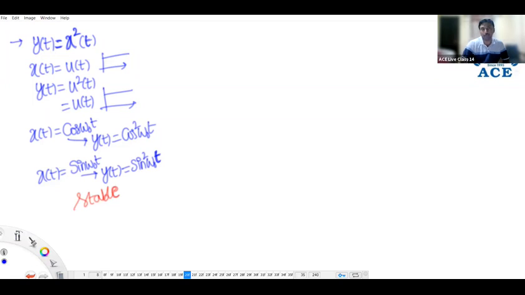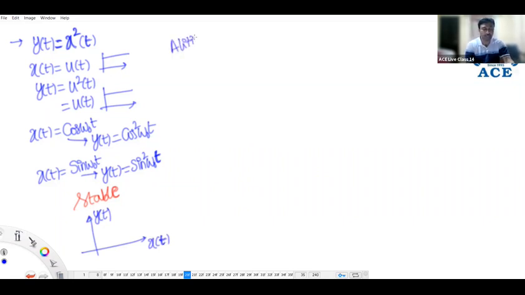Input amplitude finite, output amplitude also finite, stable. Don't think about y equals x squared growing with time. Stability means output amplitude versus input amplitude. It is not time. Even at infinite time, if output amplitude is finite, system is stable, sir.